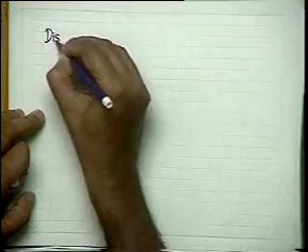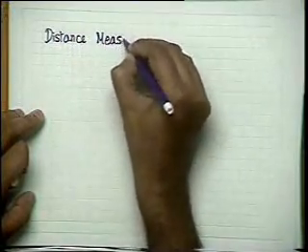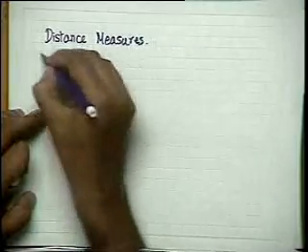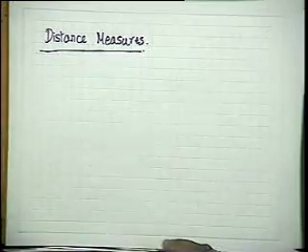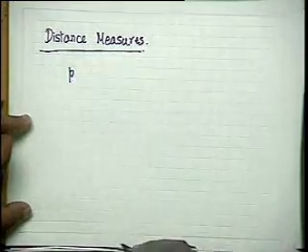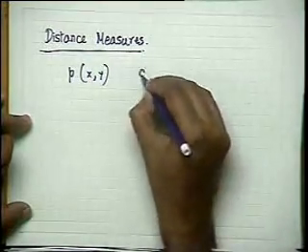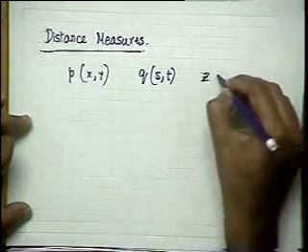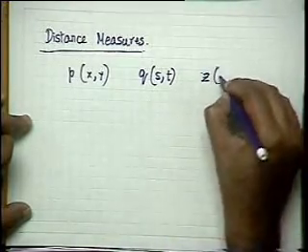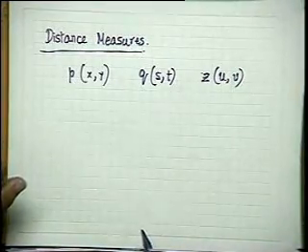The next definition is on distance measures. So we take 3 pixels. We take a pixel P having coordinate x, y, a pixel Q having coordinate s, t, and a pixel Z having coordinates u, v.